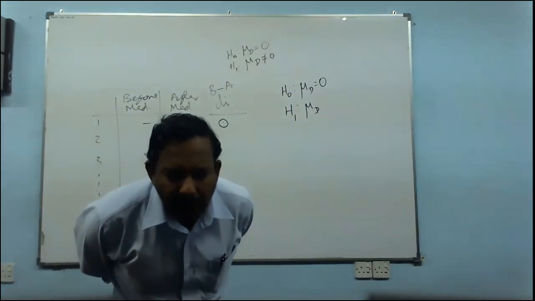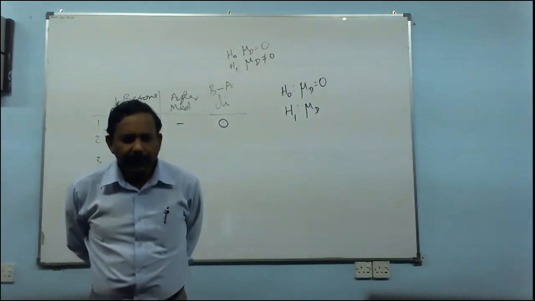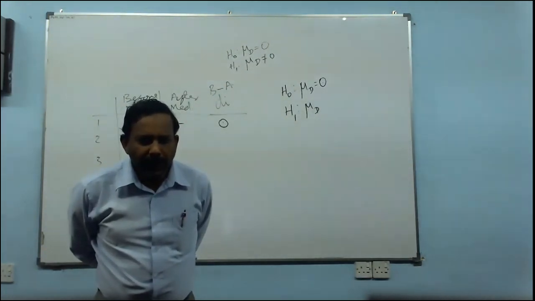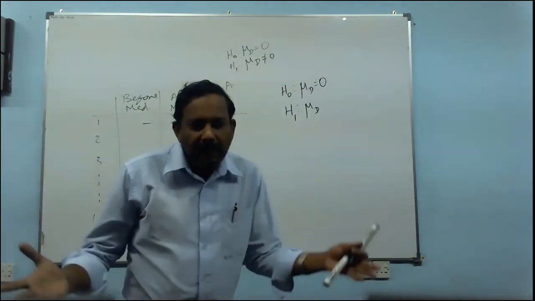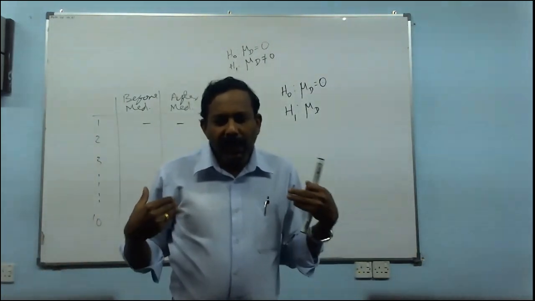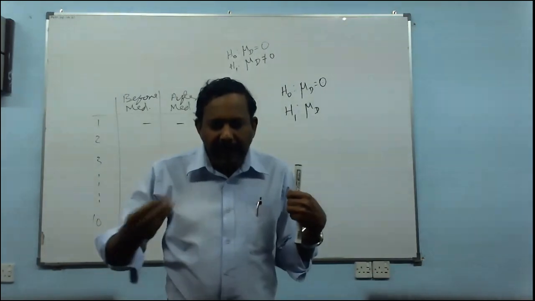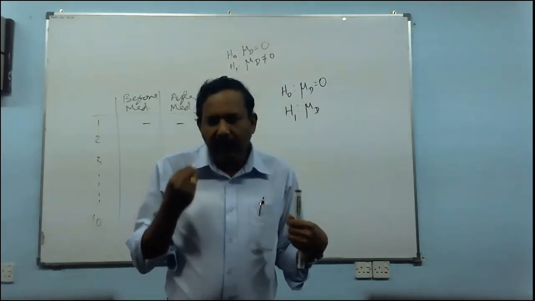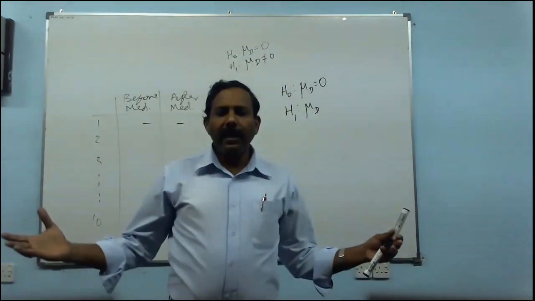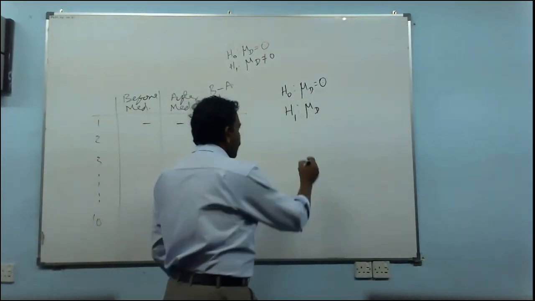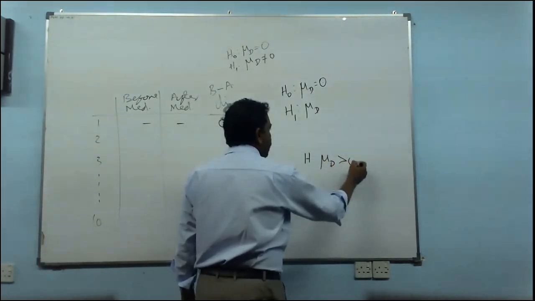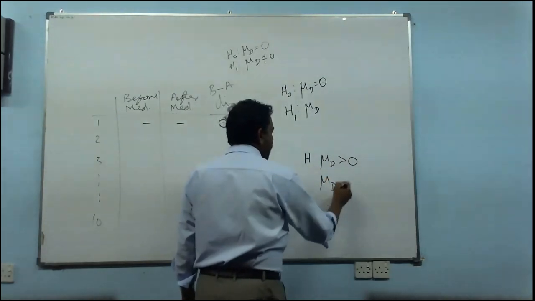It's not equal to 0, that doesn't matter, because I want to say this medicine is effective in terms of reducing cholesterol. That is what my decision has to be. So not equal means two things. When you say not equal, mu d can be greater than 0, mu d can be less than 0.